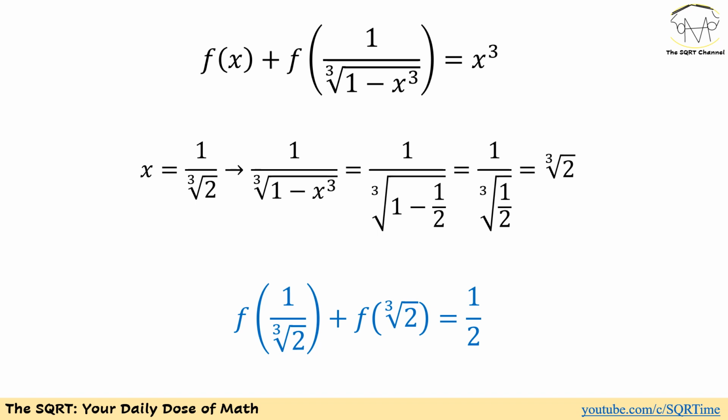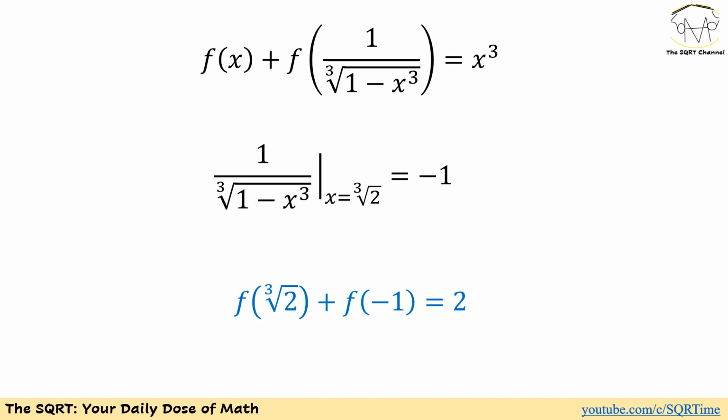Now here we have f of 1 over the third root of 2, but we don't know what we have for f of the third root of 2. So in the next few minutes, we are going to talk about how to find that. Basically, we are going to put the third root of 2 as x, and we will take it from there.